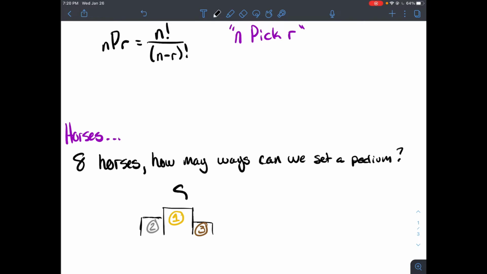Now, if I already have 1 of them coming in first place, there are only 7 options left that could come in second place. So I have 7 options here. And lastly, in third place, I already have 2 of my options taken away. So in third place, I only have 6.